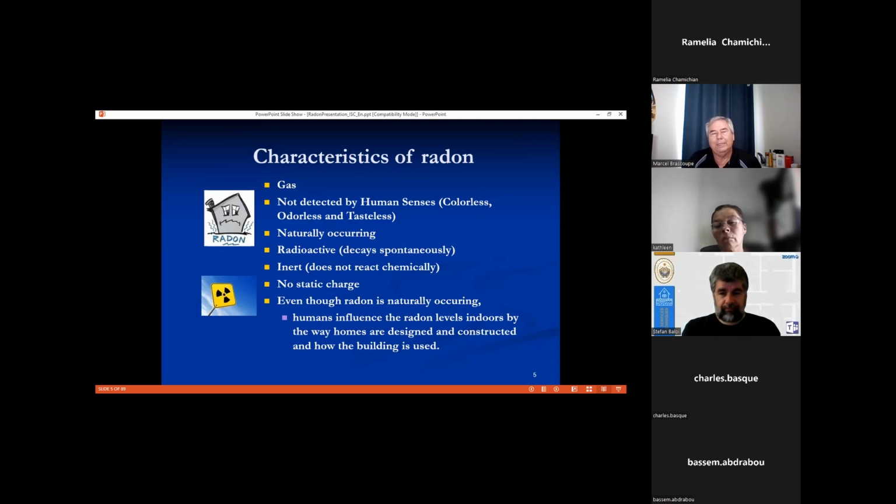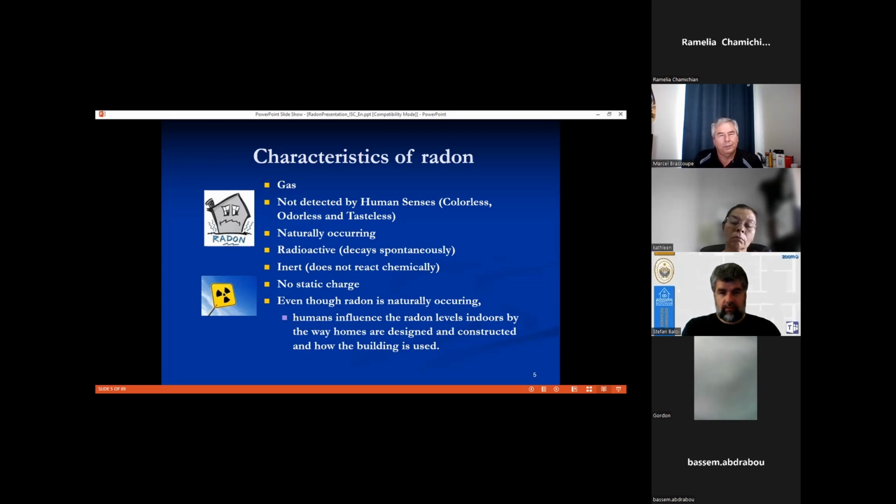So in our case, when radon disintegrates, it releases a certain amount of energy, and it's that energy, that radiation we call it, that's dangerous for us. And I'll explain that a little bit later. But just remember, anytime we use the term radioactive, all it means is that spontaneously, it's going to disintegrate, release radiation or energy, and it's going to change to something else.